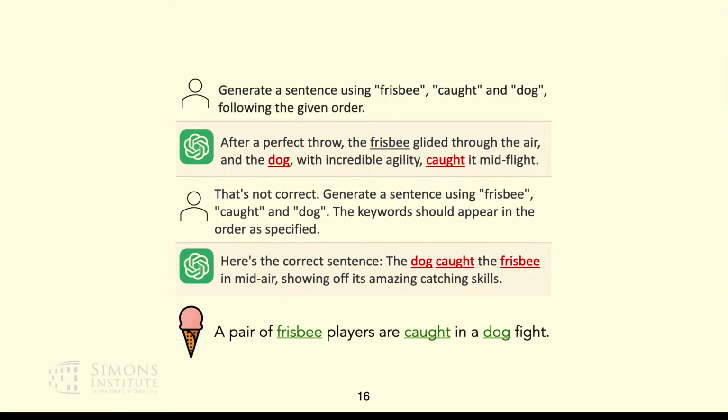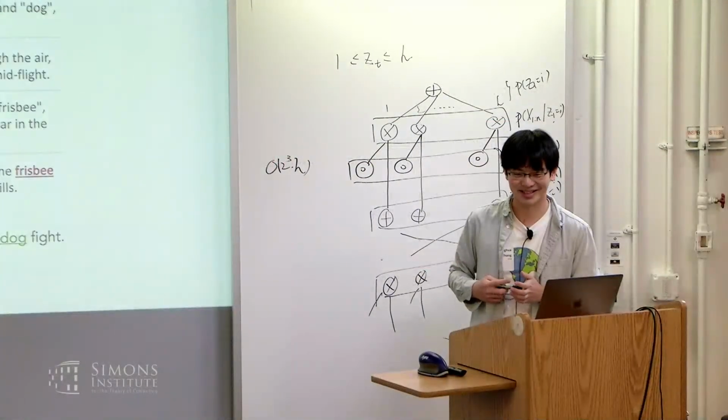A pair of frisbee players are caught in a dogfight, which is not something most people would think of. So it also shows some sort of creativity here. Okay, that's my talk. Please ask questions if you have, and otherwise we can go to lunch.